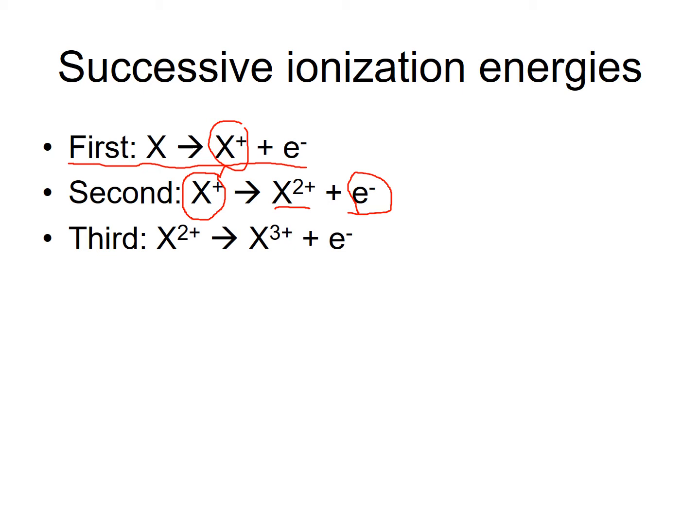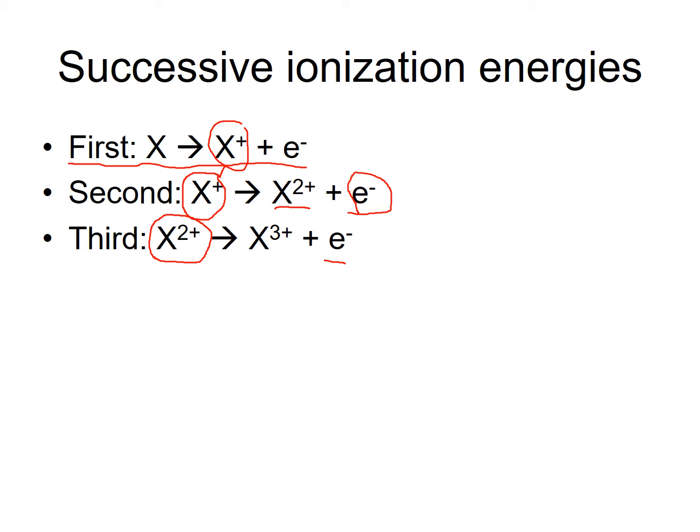And in turn, if I take the atom with a charge of +2, again in the gas phase, and I add energy to remove another electron, I'll get an ion with a charge of +3, and that's the so-called third ionization energy. And there could be a fourth ionization energy, fifth ionization energy, and so forth.